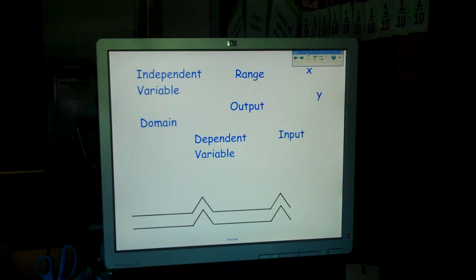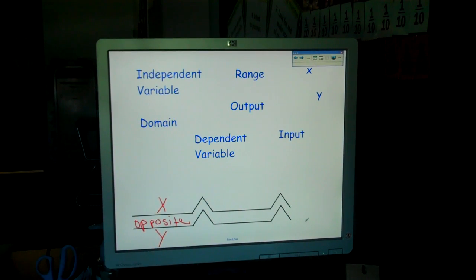What I want you to do as part of your homework is make a bridge map, looking at the relationship between independent and dependent, range and domain, output and input. So I'll get you started. X is to y. And we can say our relating factor is x is the opposite of y as, and then you fill in the rest.